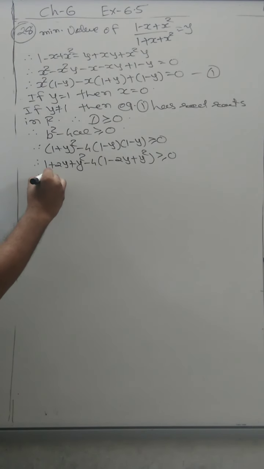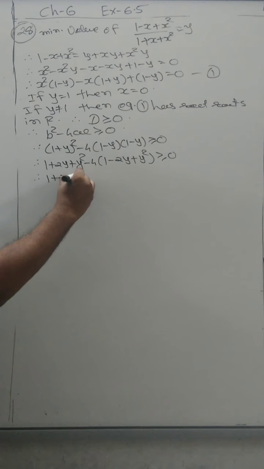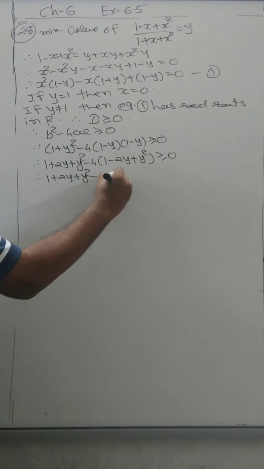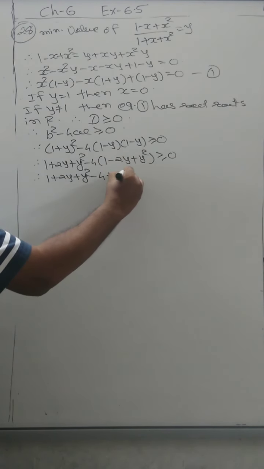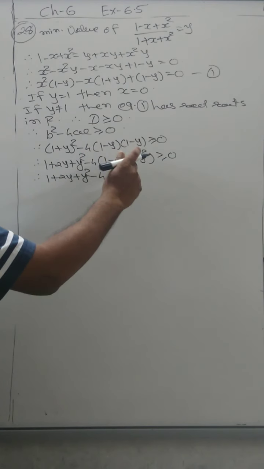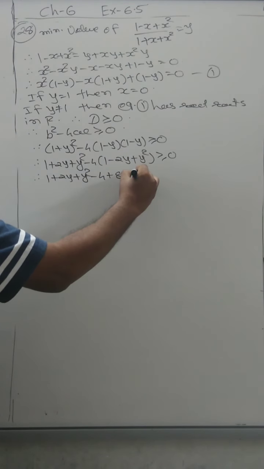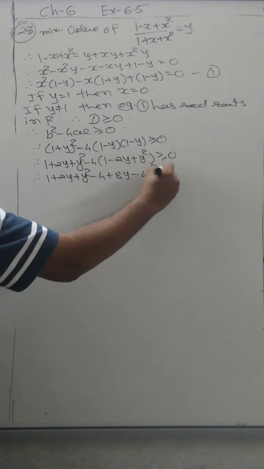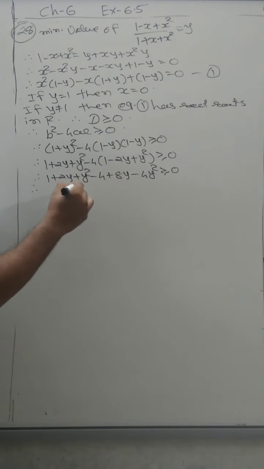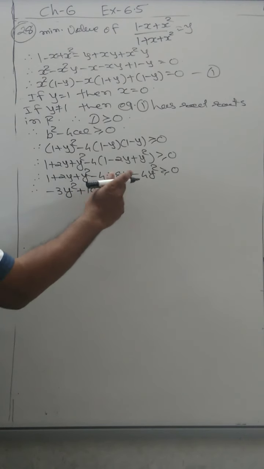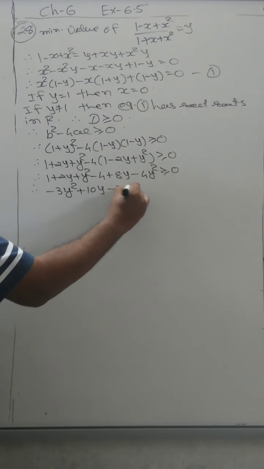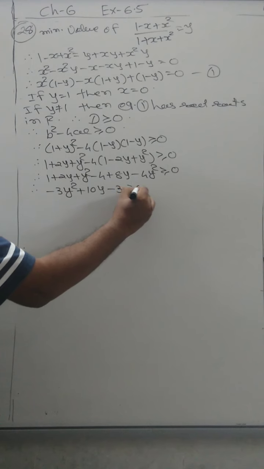Just simplify it. Then 1 plus 2y plus y square minus 4 plus 8y minus 4y square is greater or equal to 0. It means minus 3y square plus 10y minus 3 is greater or equal to 0.